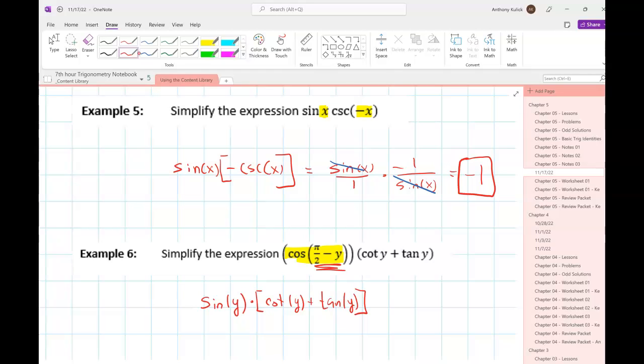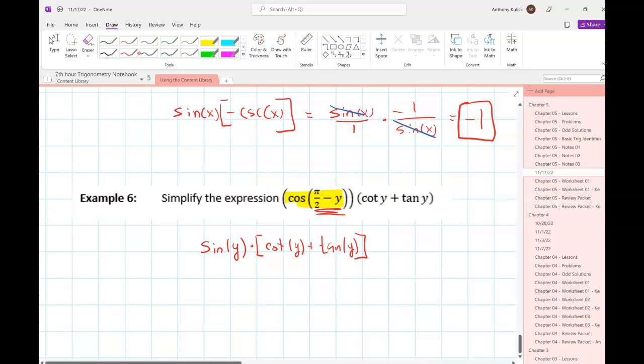Everybody's okay there? Okay. Again, you could multiply the sine through here. I probably wouldn't bother with it because you're going to turn it into two terms instead of one term. I'd probably just leave it, but you could multiply it through if you wanted to.